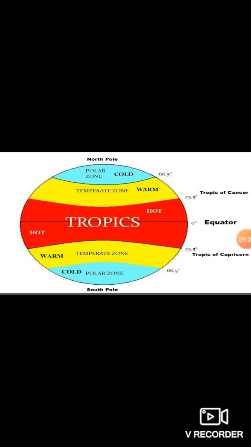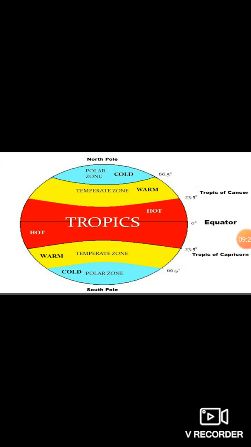The second one is the temperate zones. From this picture you can see yellow shaded areas. Between the Tropic of Cancer and the Arctic Circle in the northern hemisphere, and the Tropic of Capricorn and Antarctic Circle in the southern hemisphere, have moderate temperatures. Why does it happen? Do you know?